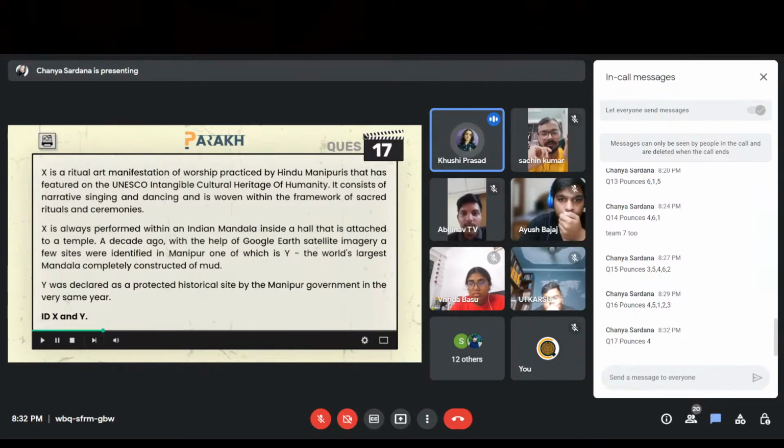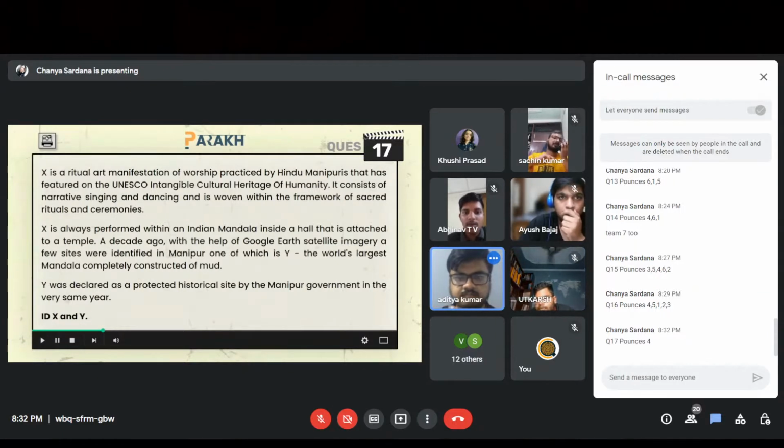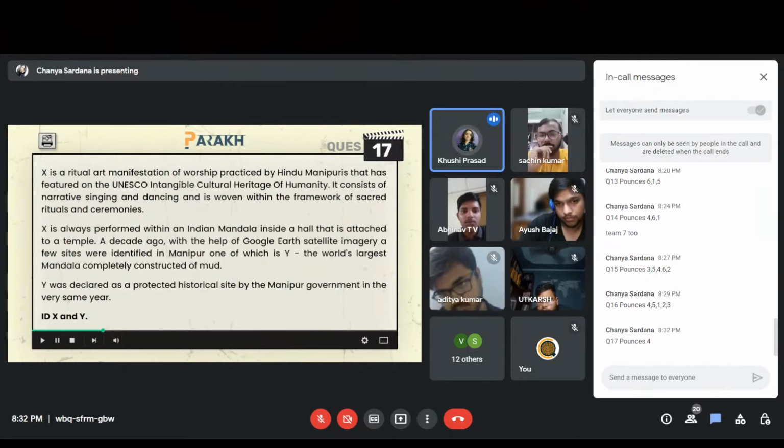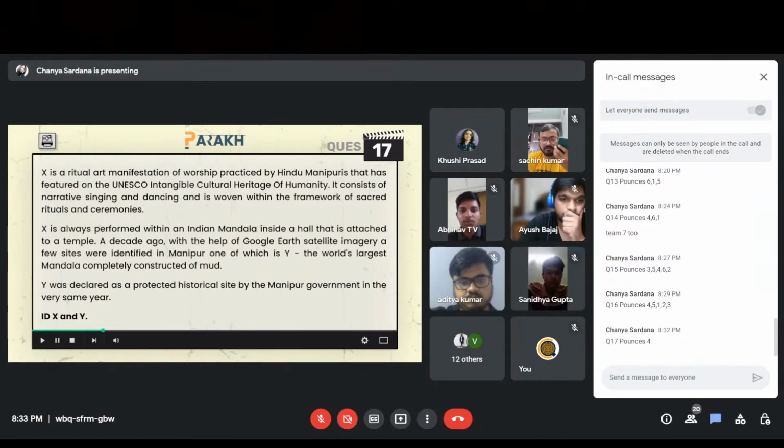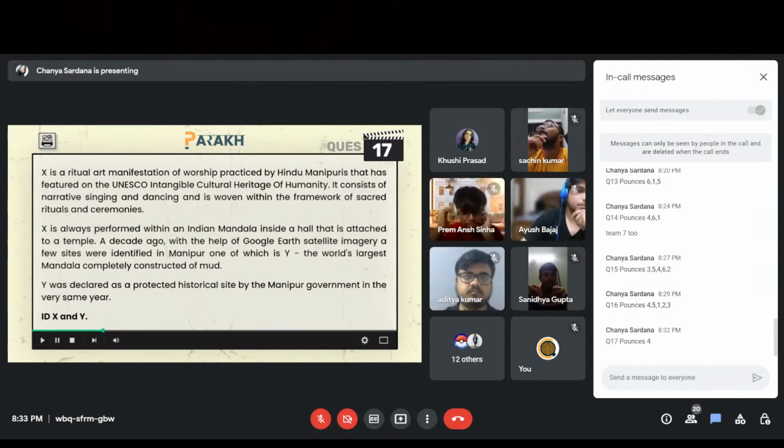Team 6, your answer? For X, is it Satriya dance? And Y, pass. Team 5. X would be Sankirtana and Y would be Unakoti. Okay, so X is correct. For Y, the question will be bounced to Team 4. Team 4, your guess for Y? Oh, sorry. Team 3? No idea. Team 2?